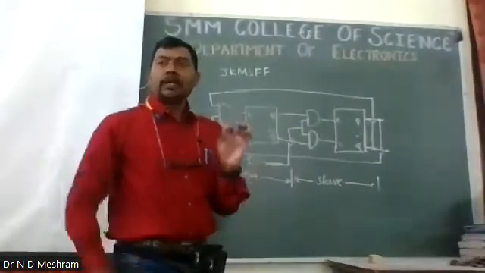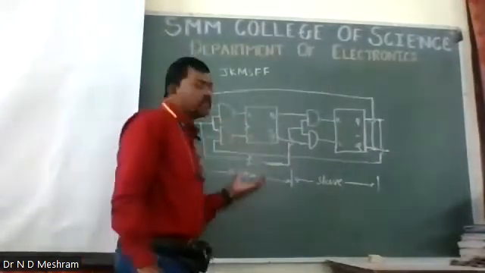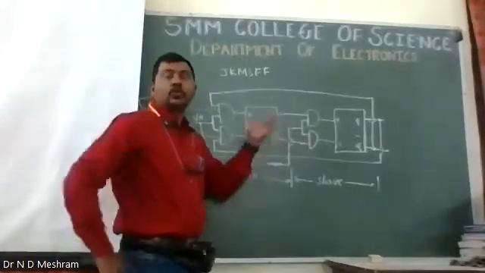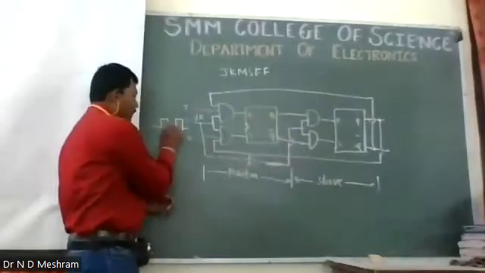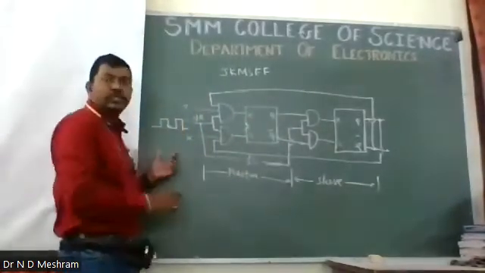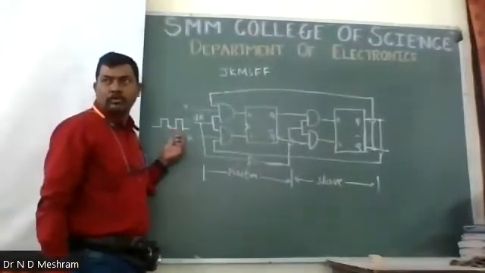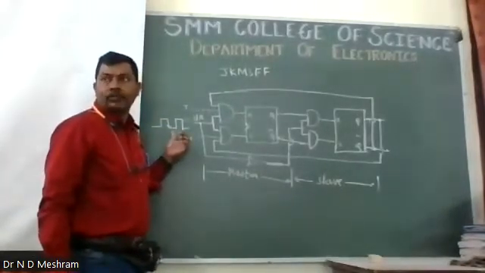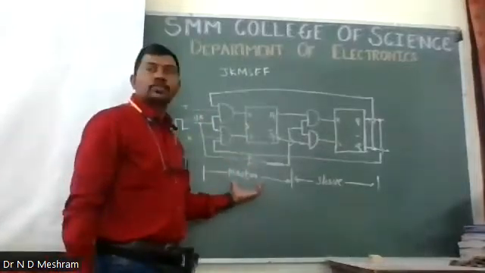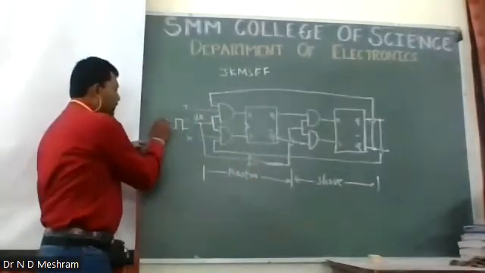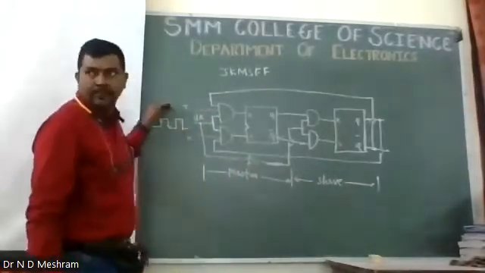But the main important point of the JK master-slave flip-flop is that it works on the negative edge. This is the negative edge, which goes from higher level to low level. This master flip-flop is going to work on the positive edge, which goes from low to high.